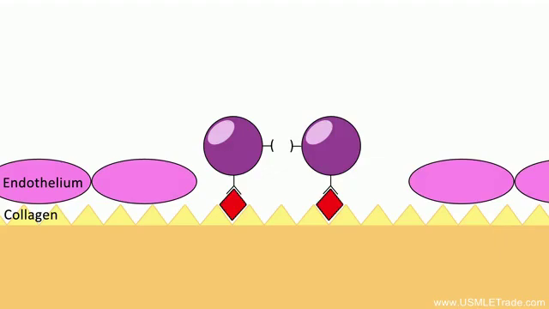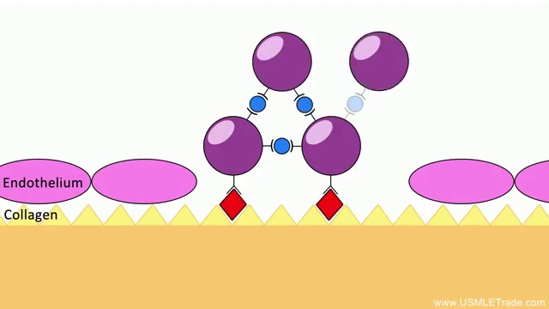Now, 2b3a is very important in allowing platelets to aggregate because the 2b3a on the surface of the platelets is going to bind to the fibrinogen that the platelets released. That's going to form a series of cross-links between platelets. So this is platelet aggregation. The platelets start to aggregate and they form a plug to temporarily stop the bleeding. So the activated platelet basically releases everything it needs to promote platelet aggregation. So that's how platelets work.